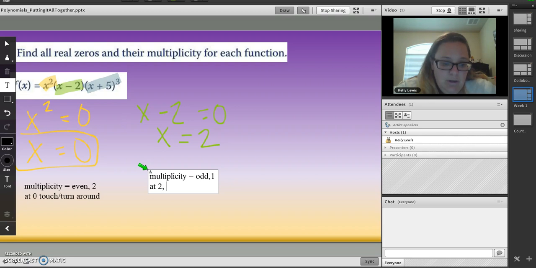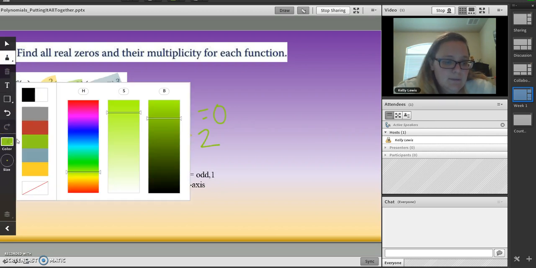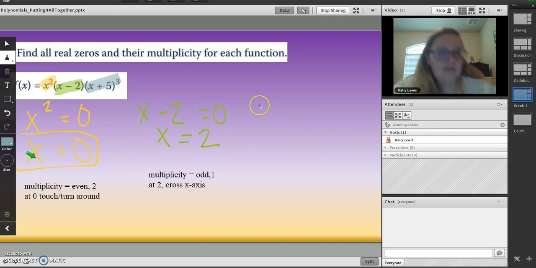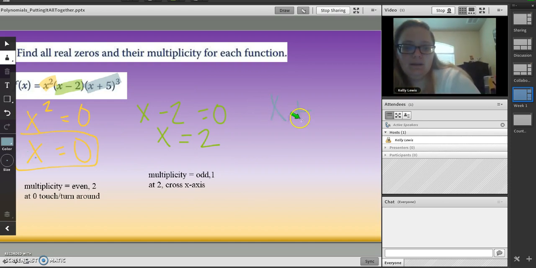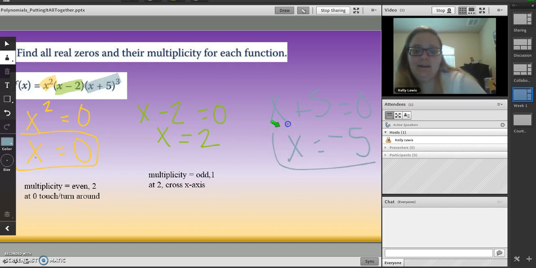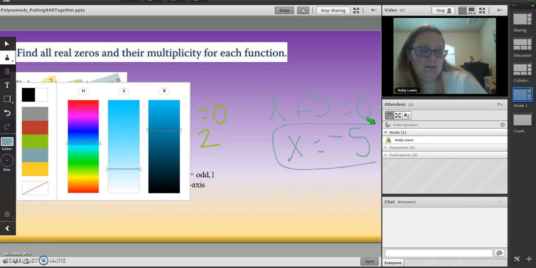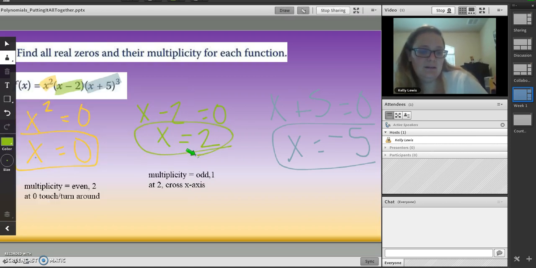So at 2, it's going to cross the x-axis. All right, let's do the next one. x plus 5 equals 0. So I get x equals negative 5. All right, and these are all my zeros. Those are my zeros, and these are my factors.